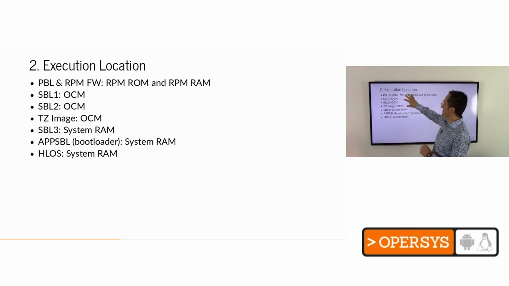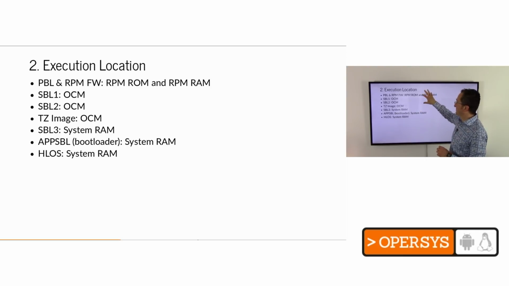So effectively, as far as I can gather, because all of these things are oftentimes behind NDAs and so on, whatever I know from elsewhere, I can't disclose. But from the public sources that you can find on the net, this is what you will find. You've got the primary bootloader, and the resource power manager or whatever else.